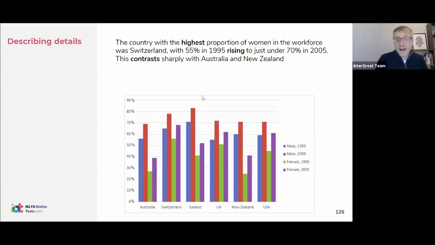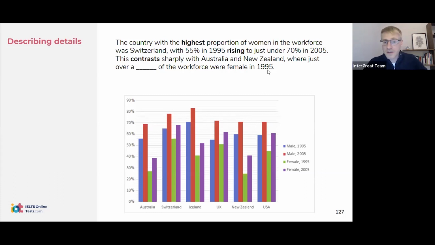Okay, excellent. So this contrasts sharply with Australia and New Zealand, where just over a something of the workforce were female in 1995. So what do we think? Here we're looking for a figure.